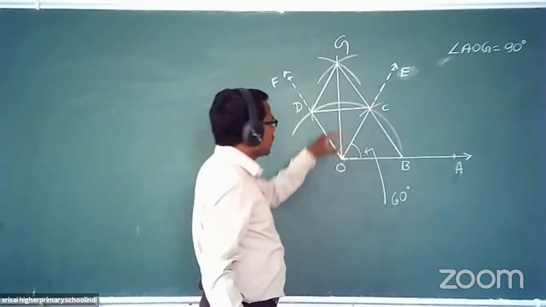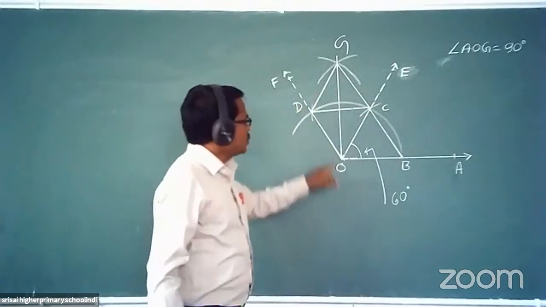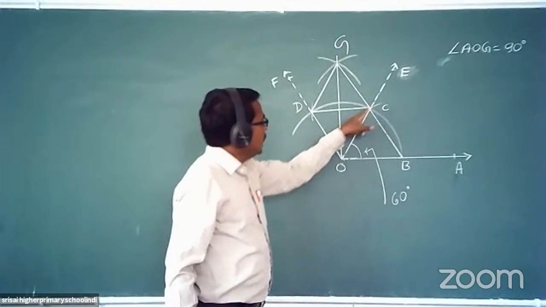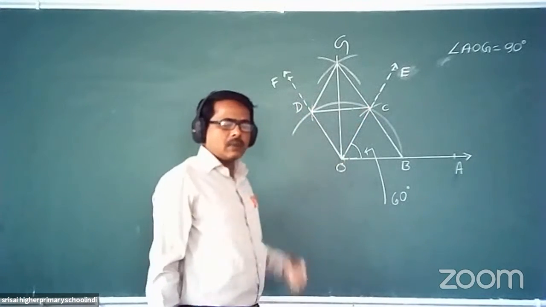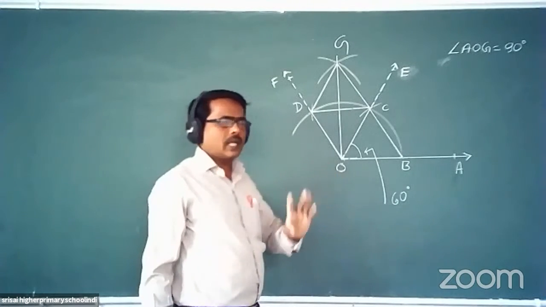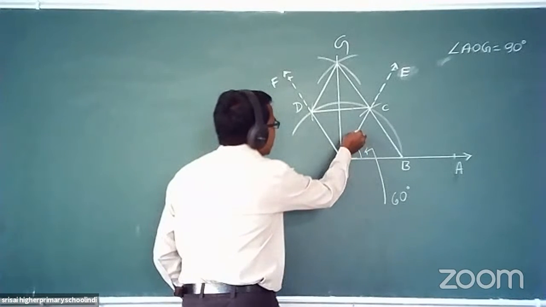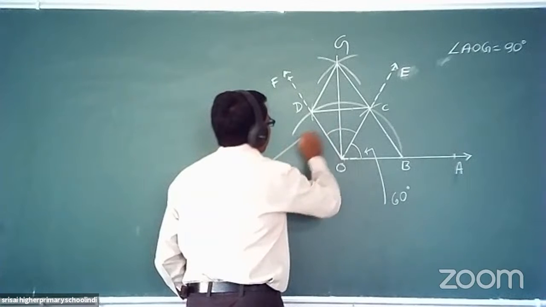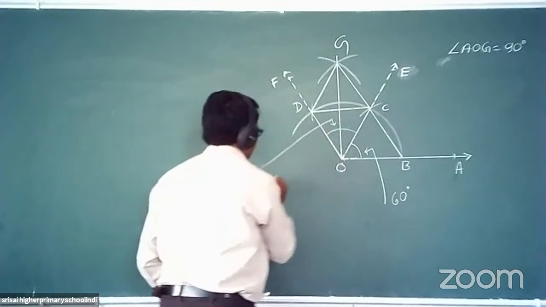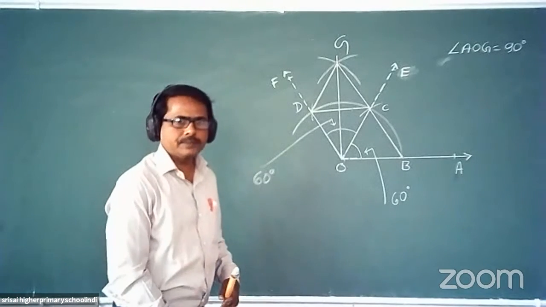By construction, OC, OD, CD all are equal. So COD is an equilateral triangle. If it is an equilateral triangle, all its angles are equal. So this angle became how much? This angle became 60 degrees. This angle also became 60 degrees. Correct?